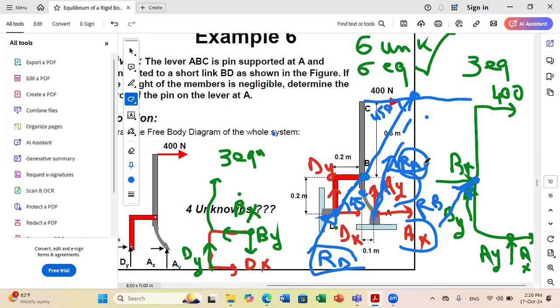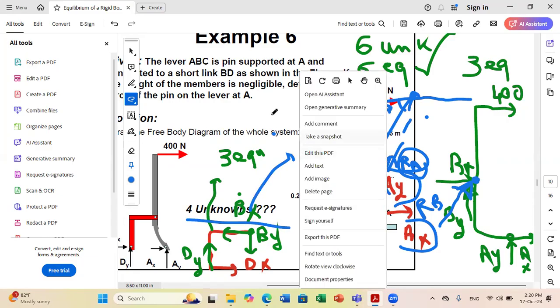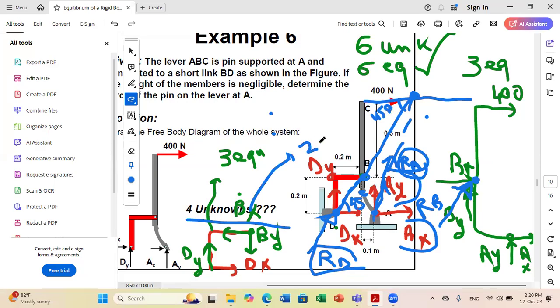And then if you reduce your system to this extent, you only have two unknowns to solve for, RA and RB. So I was able to reduce my system from 4 unknowns to 2 unknowns by using the concept of 2-force and 3-force members. So this is the importance of detecting the presence of 2-force and 3-force members in my problem.